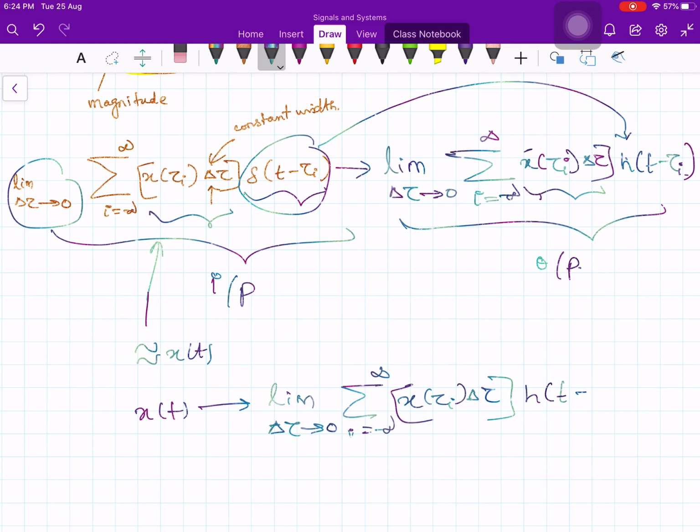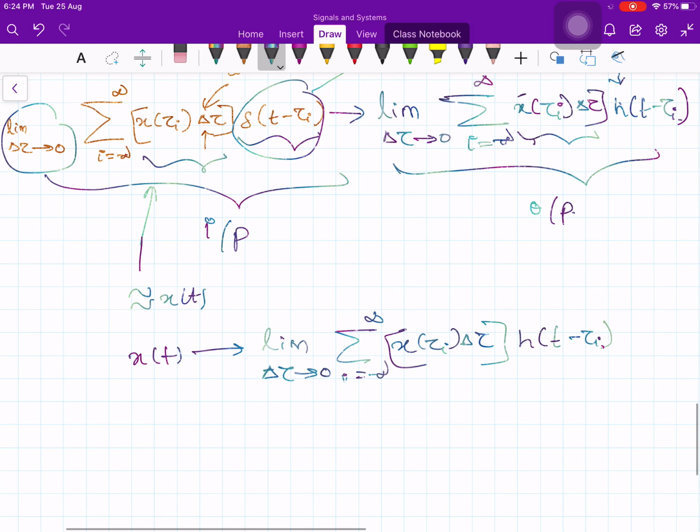Now as you make it smaller and smaller, your summation becomes integration. Okay, so as you make delta tau go to 0, all these impulses are equivalent to the input x of t. So from x of t we will generate this kind of response, this kind of impulses.